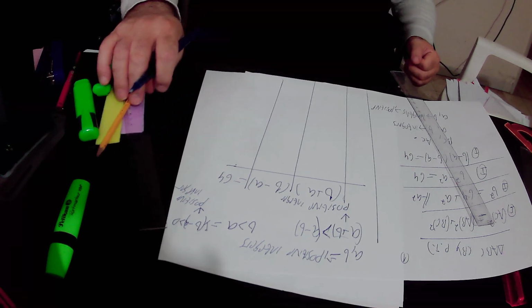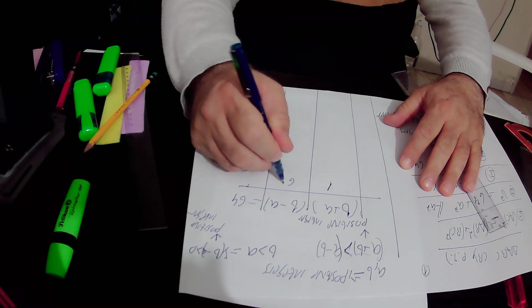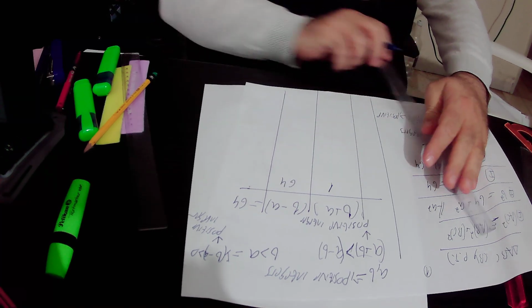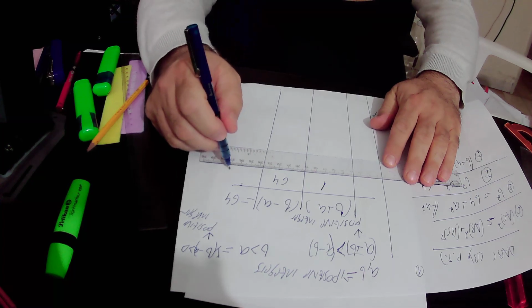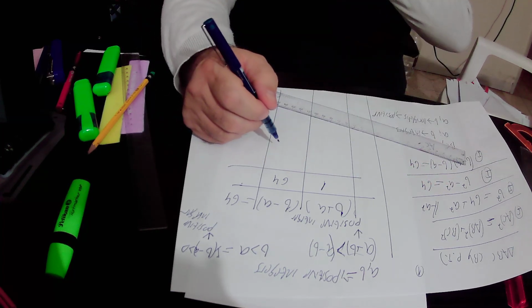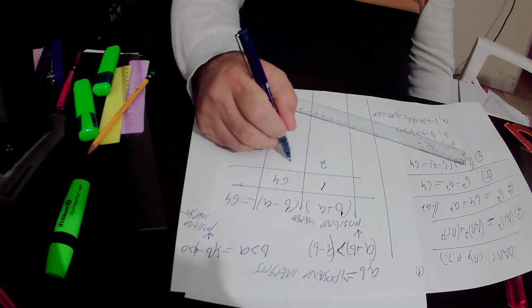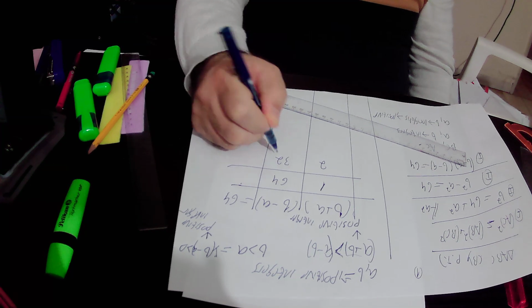The first option is 1 times 64, which gives us 64. Also, 2 times 32 gives us 64.